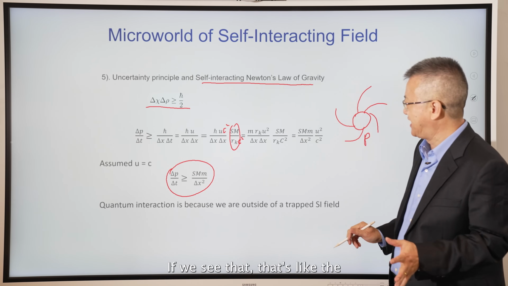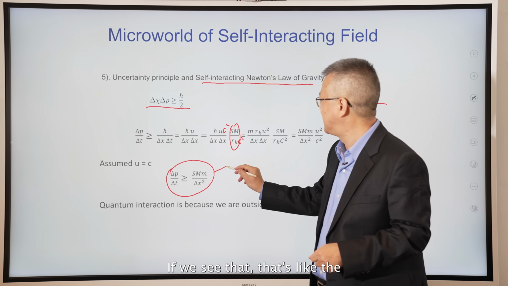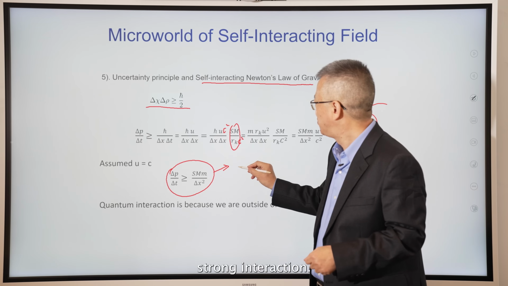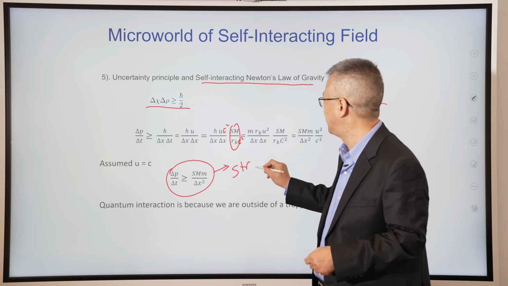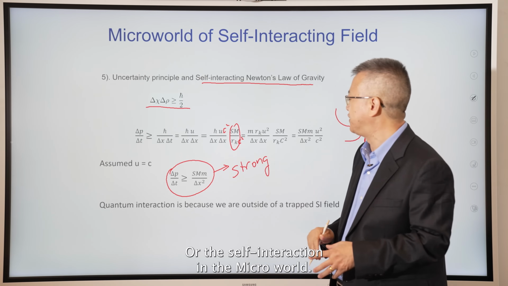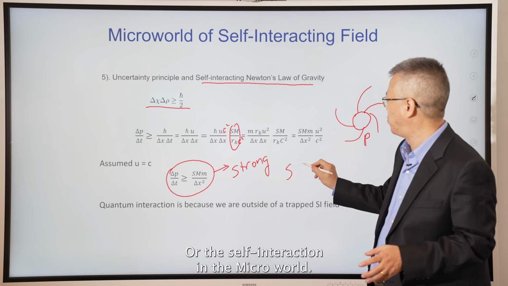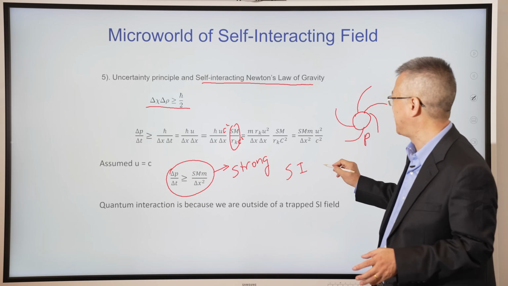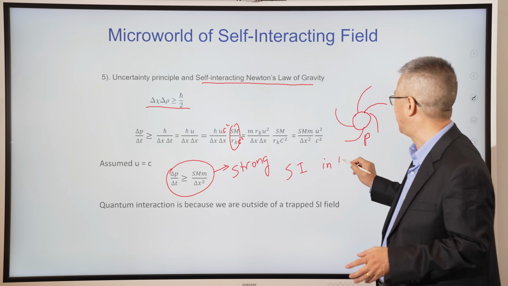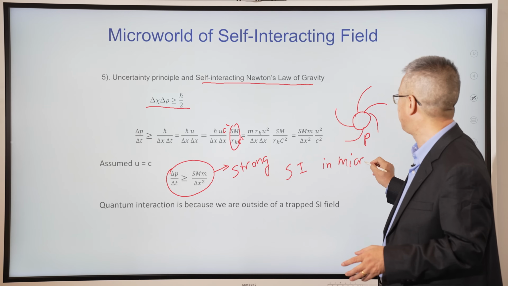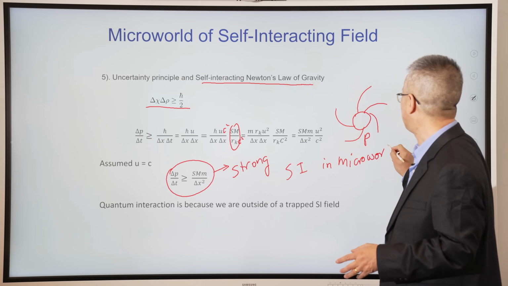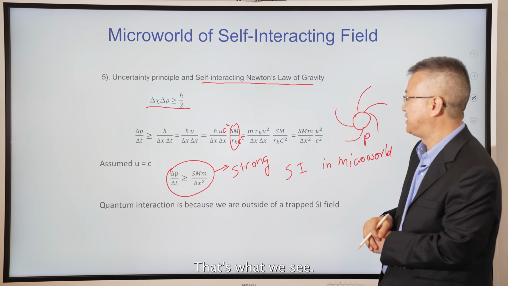If we see that, that's like the strong interaction, or the self-interaction in the microworld. That's what we see.